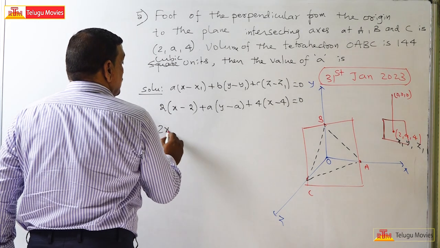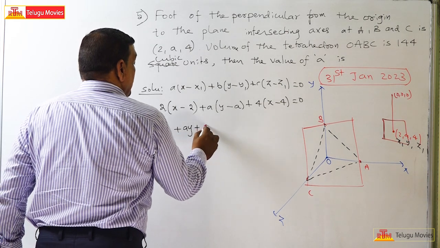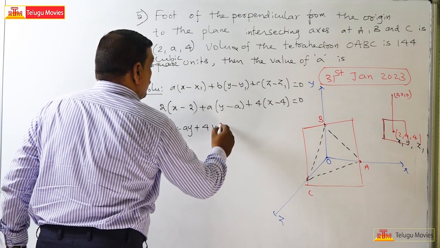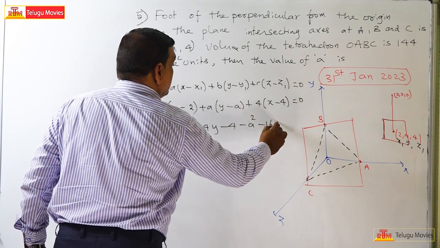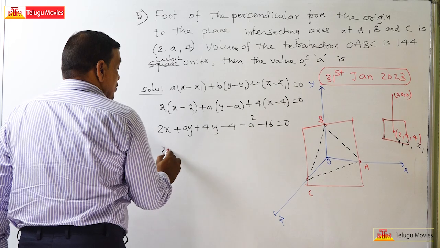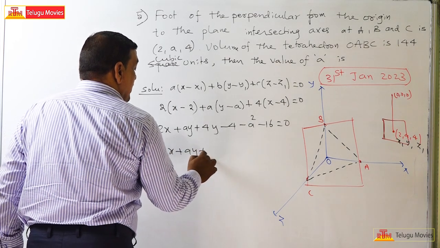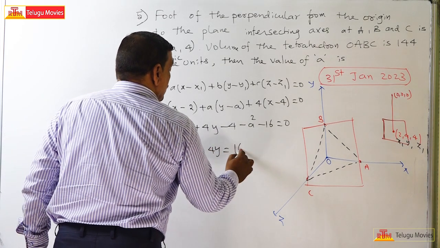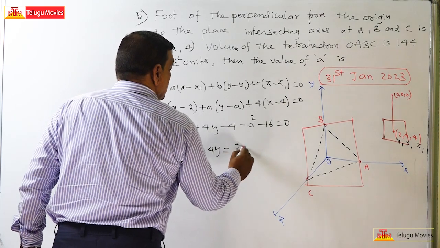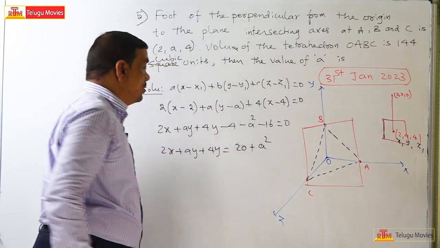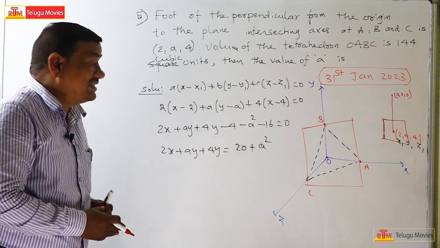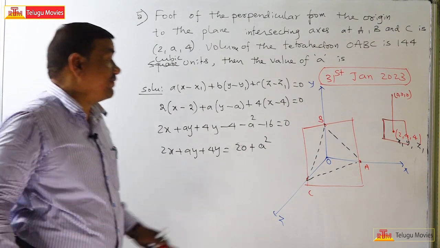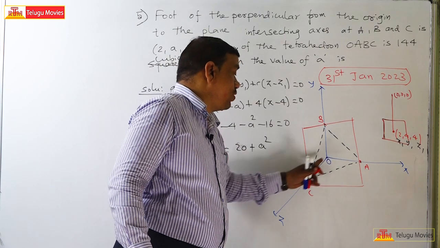So this equation is 2x plus ay plus 4z equals 4 plus a square plus 16, that is, 20 plus a square. We better convert it into the x-intercept, y-intercept, z-intercept form, because we require OA, OB, OC.